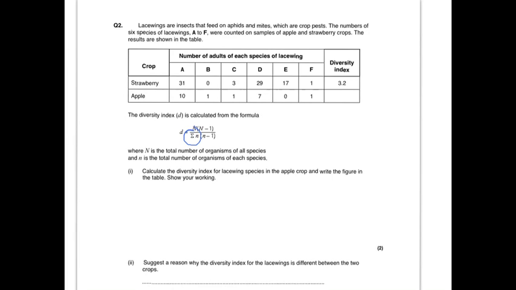So the capital N will be the sum of all of the adults on the apple. So it's 10 plus 1 plus 1, 19, 20.